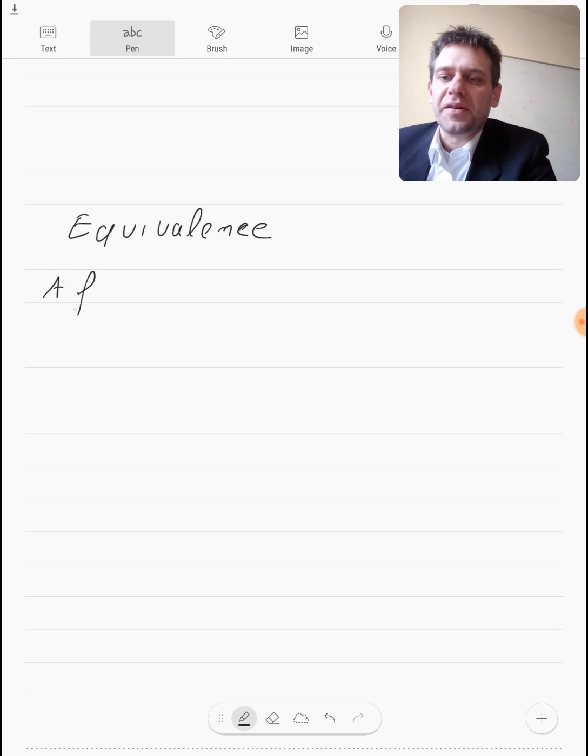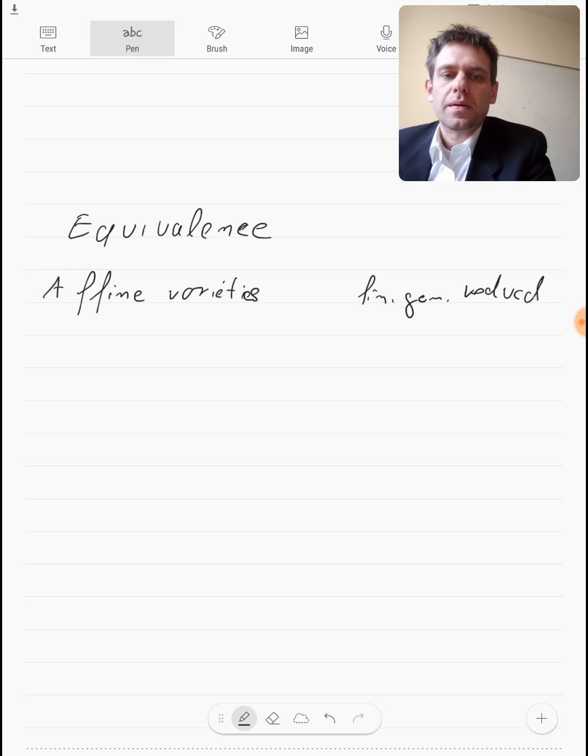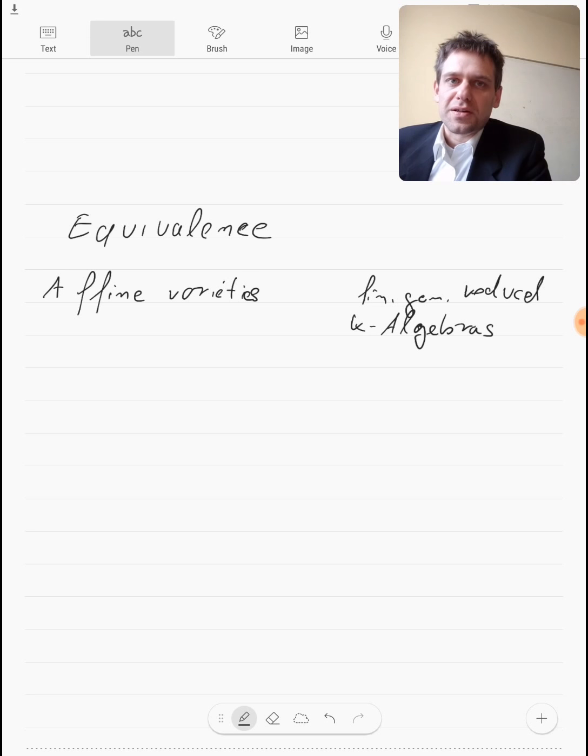We have the affine varieties on the one side, and we have the finitely generated, reduced k-algebras on the side of commutative algebra.